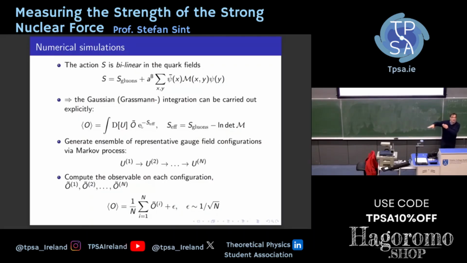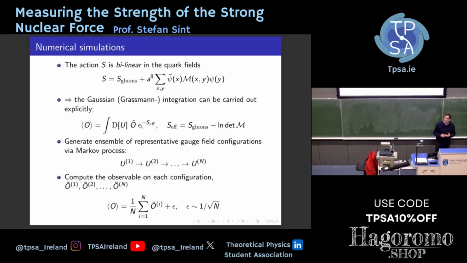So you invent a process, you wait until it's thermalized, that's the common parlance, which means you arrived in the fixed point distribution. Then you start sampling configurations, average your observable over these configurations, and calculate an error estimate.